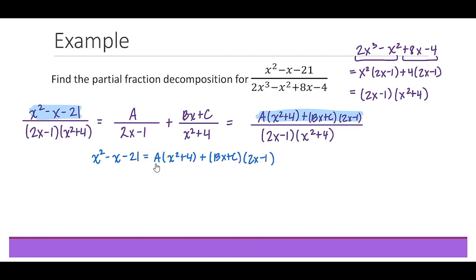Now, if we were thinking about trying to maybe use that shortcut method and pick a convenient x that will eliminate maybe this whole first term, if I try to plug something into this x squared plus 4 and try to make it equal 0, there's no real solution to that, because if I take any number and square it, I'm making it positive, and then I'm adding 4, so there's no way that that's going to be equal to 0 ever.